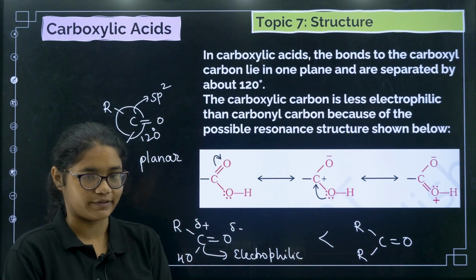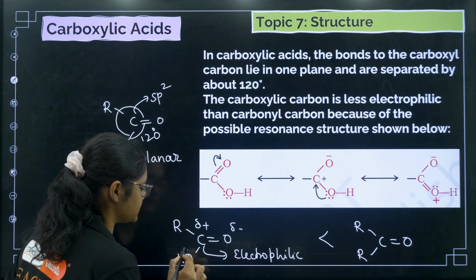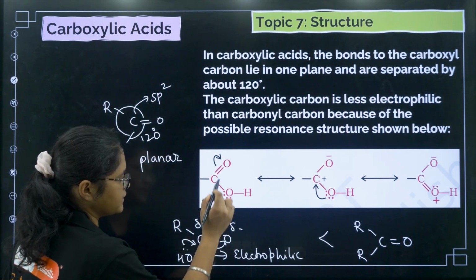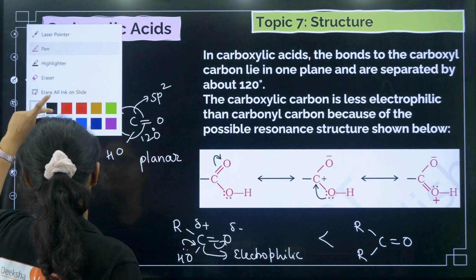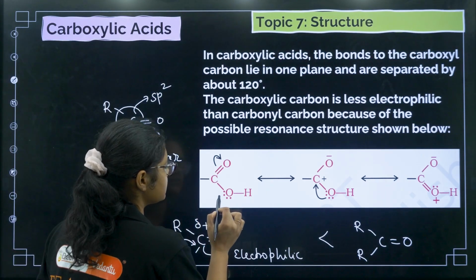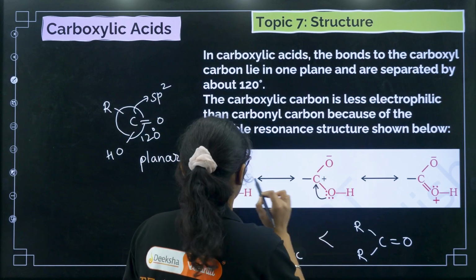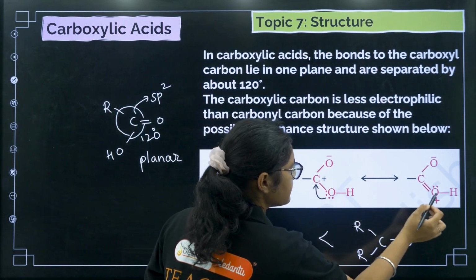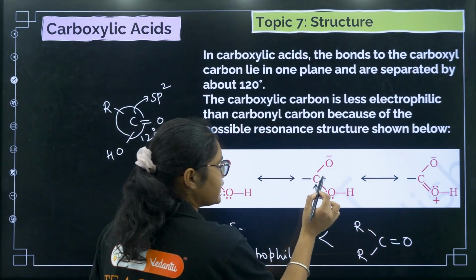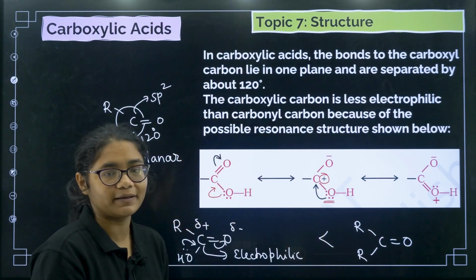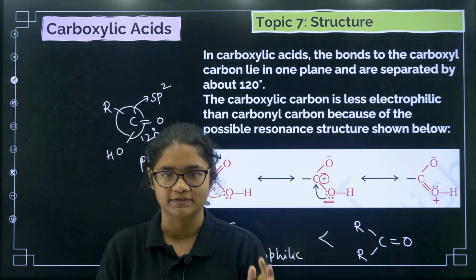Now what is the reason for that? You can see that this oxygen gives electrons here and this one goes here. This resonance takes place like this. You can see the resonating structure. This oxygen lone pair comes here and this bond shifts here and we get a partial double bond here, right? So now the electrophilicity of the carbon is reduced due to the presence of lone pairs of electrons on the adjacent oxygen, right?